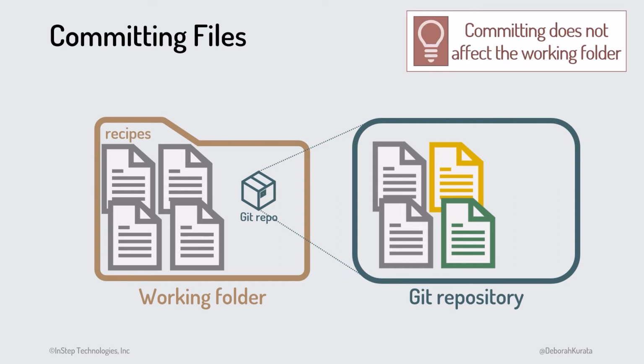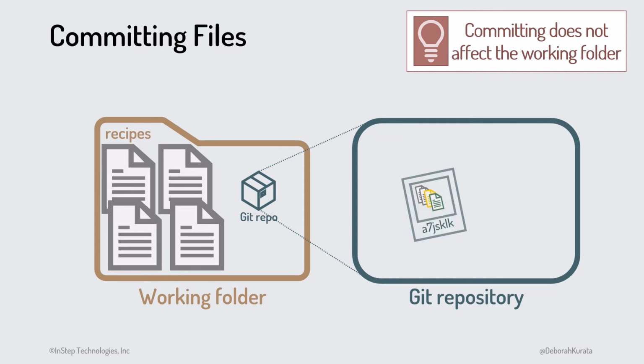It's important to note that committing our project files does not affect the files in our working folder. We can continue to add and edit files as needed for the project. Git retains that commit, which is a snapshot of our project files. Does that look sort of like a Polaroid snapshot to you?